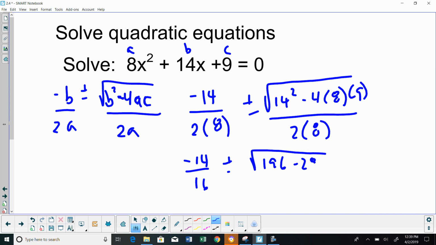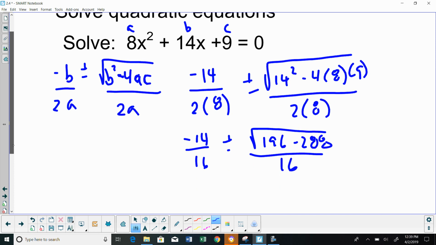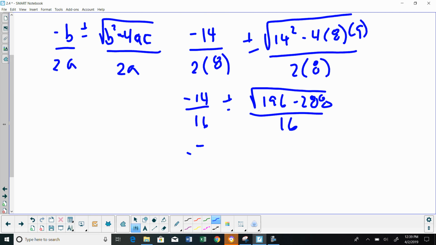So I get minus 288 over 16. And so when we do this now, I can reduce this fraction to negative 7/8. And 196 minus 288 turns out to be negative 92 over 16.